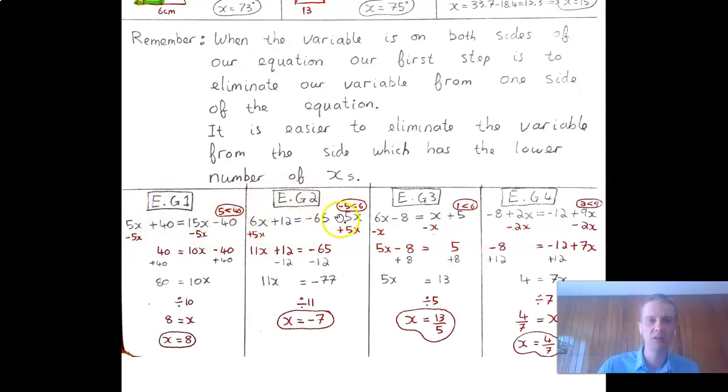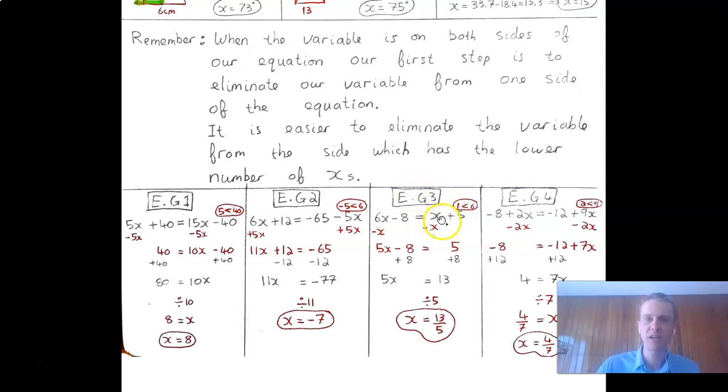Looking here, we've got minus 5x on this side and 6x on the other. Minus 5x is less than 6x. This one here, there are 6x's on this side, only 1x on that side.